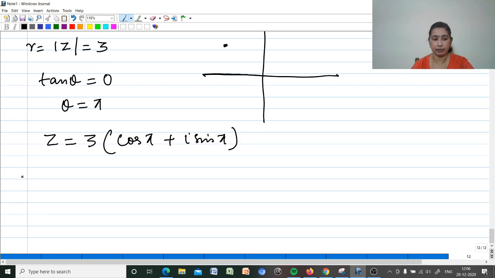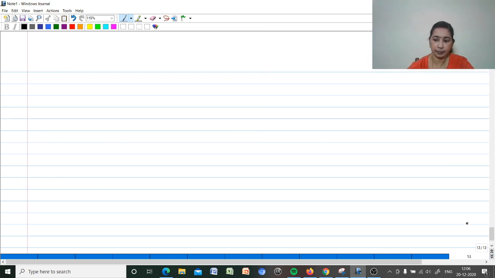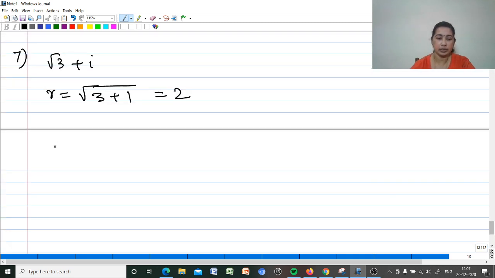Okay. Then seventh one, root 3 plus i. So find r first. r is equal to root of (root 3) square plus 1 square, which is root of 3 plus 1, that's equal to 2. Now find what is tan theta. So tan theta is equal to y by x, that is 1 by root 3, and it is in the first quadrant because both are positive.